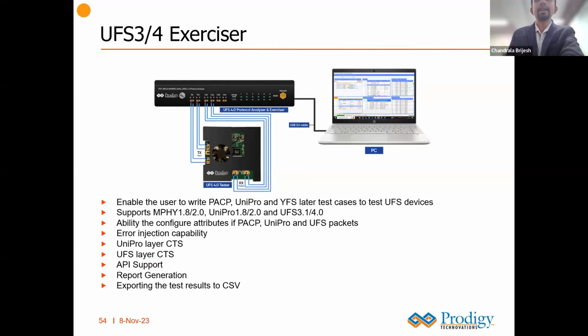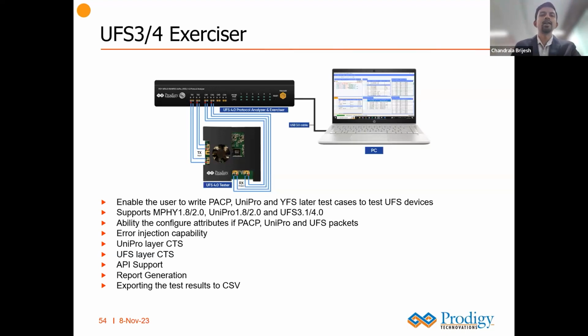Okay, so we have the same software. The analyzer plus exerciser is in the same software, and we can generate PACP packets, UniPro layer packets, and UFS layer packets from the exerciser, and we support the latest specification. We can generate PACP power mode change packets and PACP get/set packets from the exerciser.